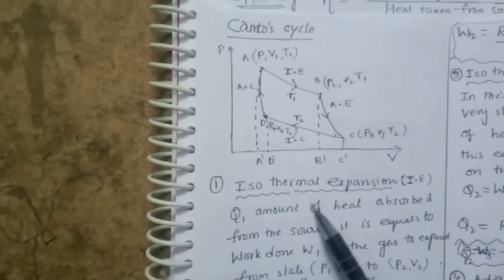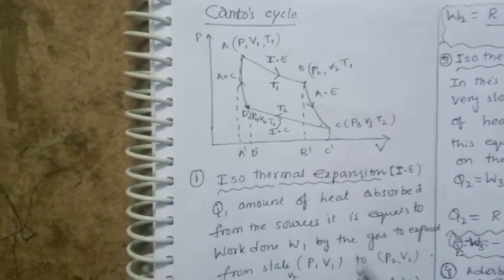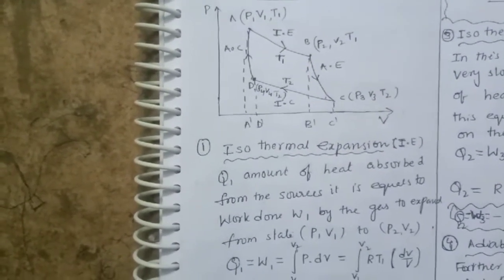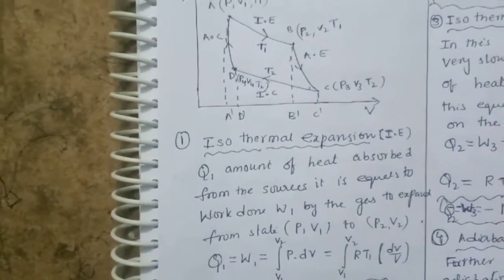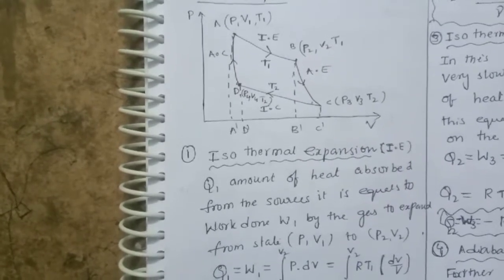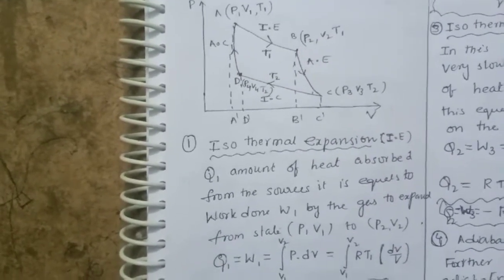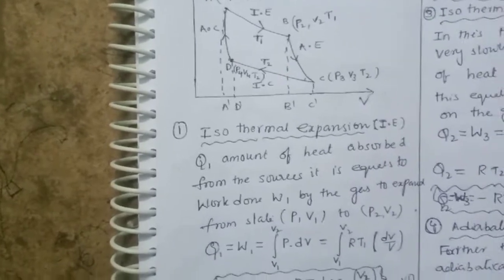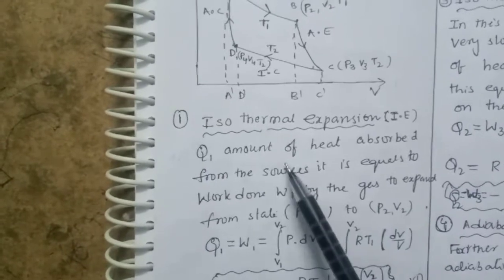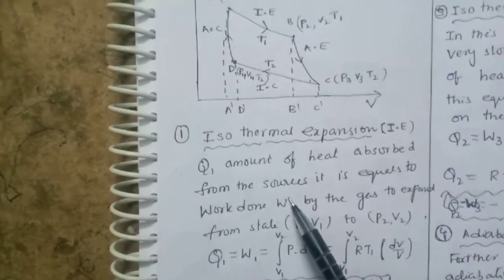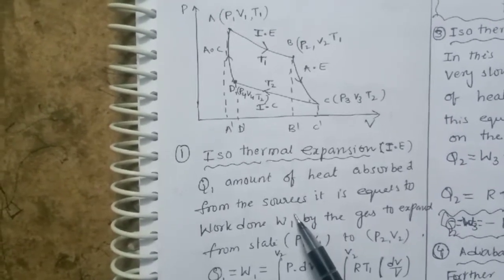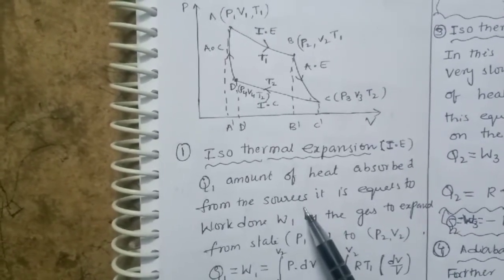Isothermal expansion means that in this process the temperature remains constant, but the pressure changes and also the volume changes. That is, in isothermal expansion the system absorbs Q1 amount of heat, and then the gas expands to a new volume from V1 to V2 and the pressure decreases from P1 to P2.